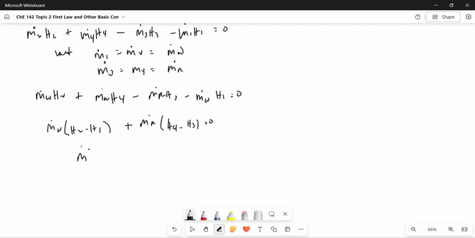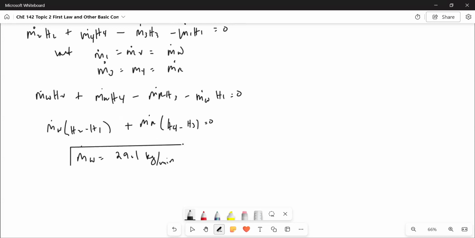Solving for MW, just substitute the values, and you will get 29.1 kilograms per minute. So that's the answer for letter A.